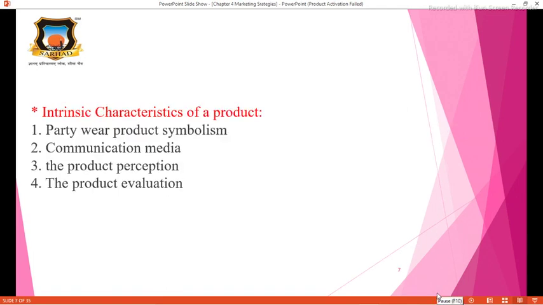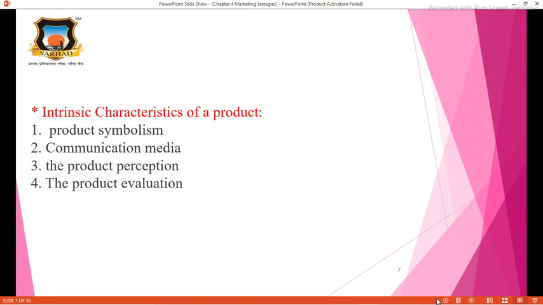Let us see the intrinsic characteristics of a product. The first is product symbolism.